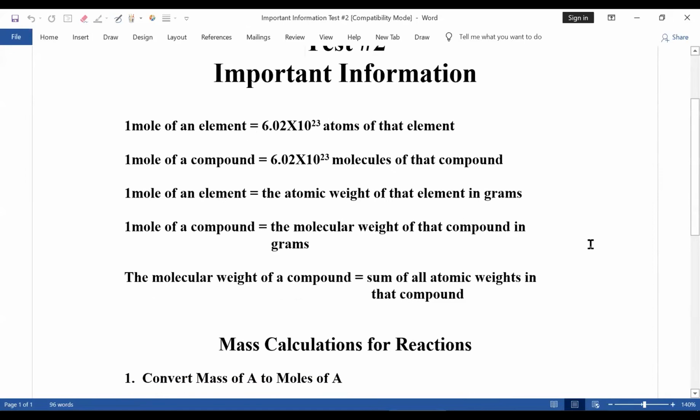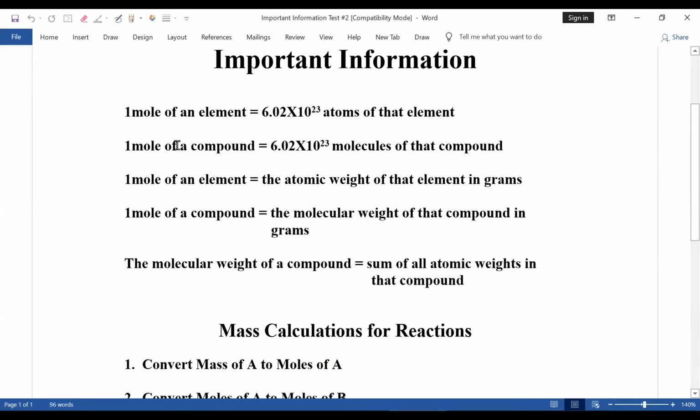All right, something you should remember. 1 mole of an element equals Avogadro's number of that element. A mole of a compound equals Avogadro's number of molecules, Avogadro's number being 6.02 times 10 to the 23rd. A mole of an element equals its atomic weight in grams. A mole of a compound.